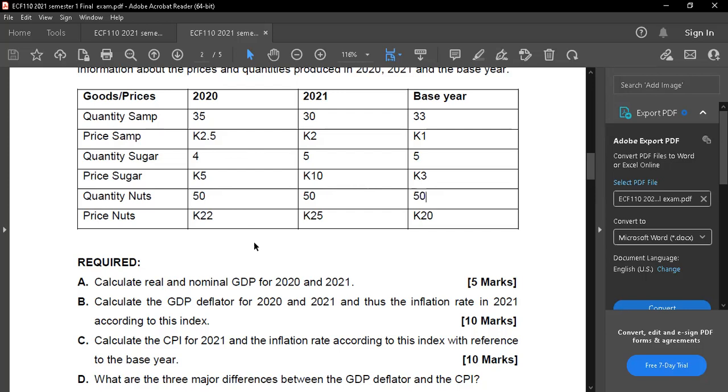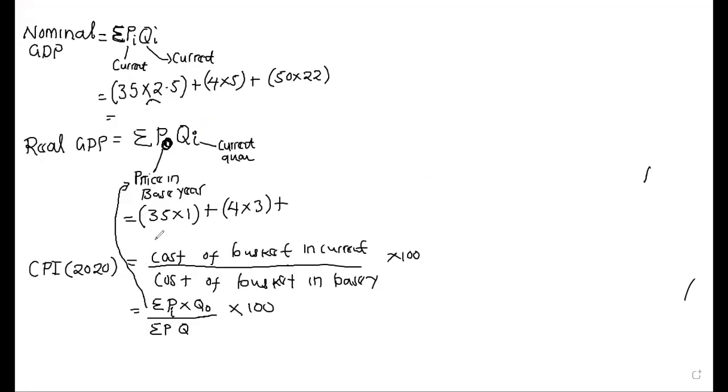Yes, but I said, I know probably I'm also tired, but when you're just calculating the CPI, I've said the formula is: the CPI, for example, for 2020 is equal to the cost of the basket in 2020 divided by the cost of the basket in the base year. So what's the cost of the basket in 2020?